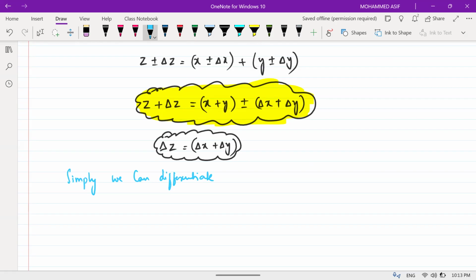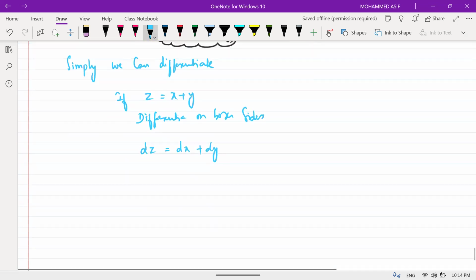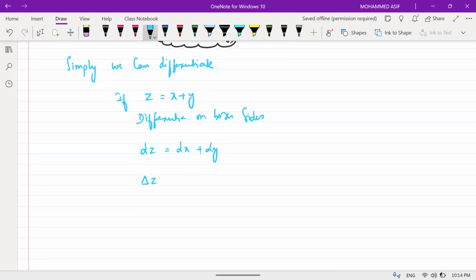Say, for example, z is equal to x plus y. So differentiate on both sides. If I differentiate on both sides, we'll get dz is equal to dx plus dy. That means if I'm writing in the absolute error, delta z is equal to delta x plus delta y. Simply we can get it like this.